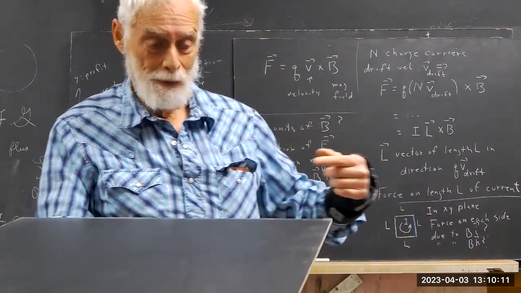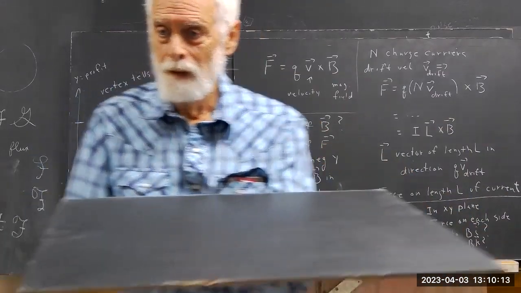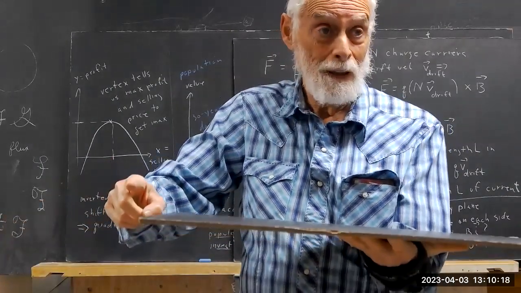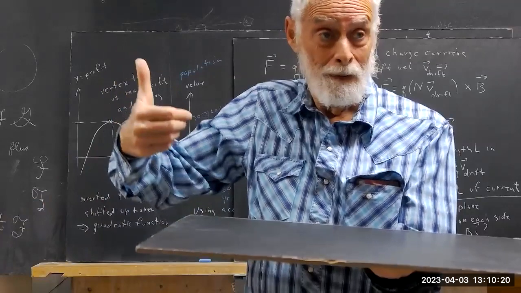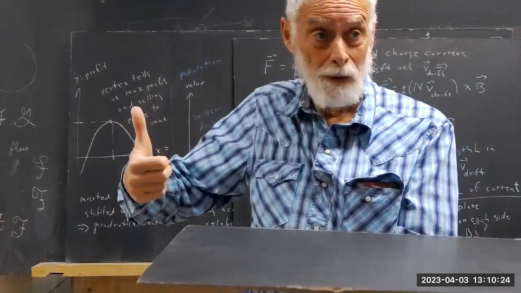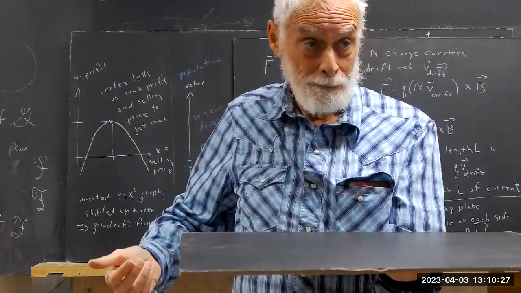What's our intuition? Currents in this direction, magnetic fields in the positive X direction. It'll be K. So we're going to get the force in this direction, the magnitude's still going to be ILB.